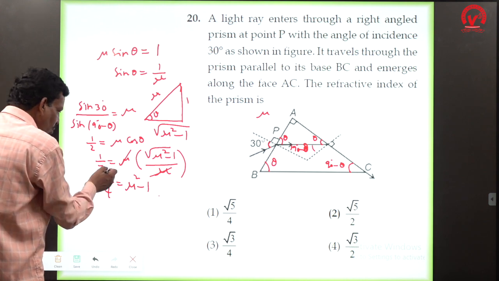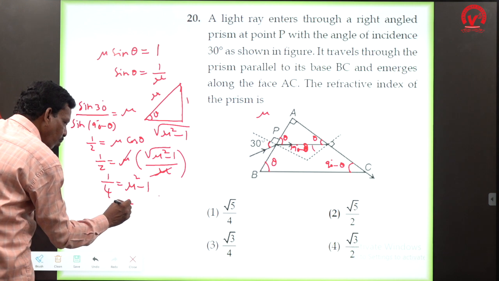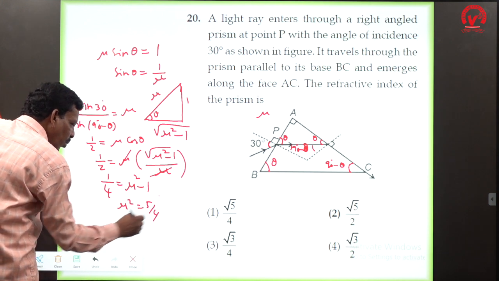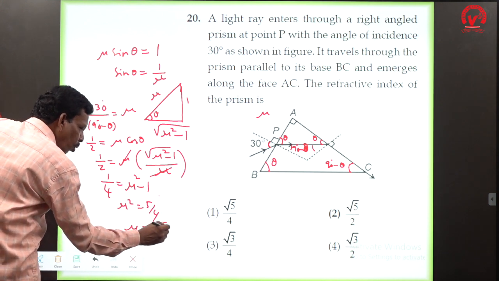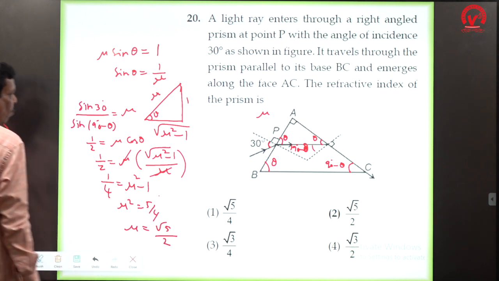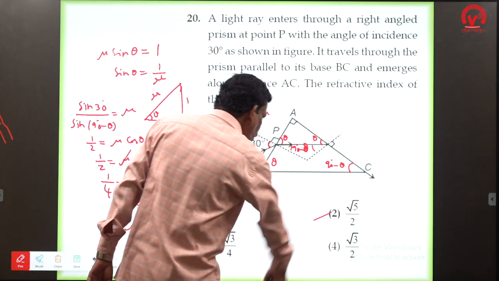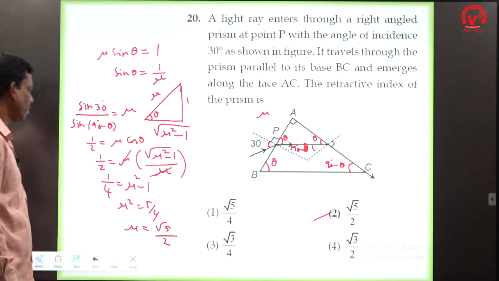Send that side, 1 by 4 plus 1, 5 by 4. Mu squared is equal to 5 by 4. Mu is equal to root 5 by root 4, which is 2. See what we required? Option 2 is the correct one.